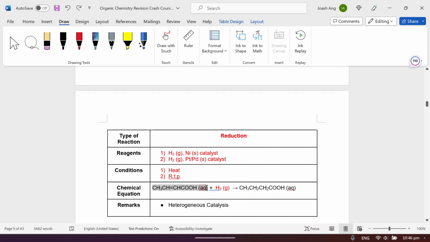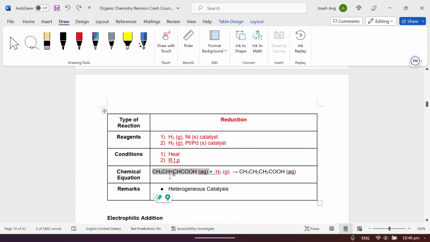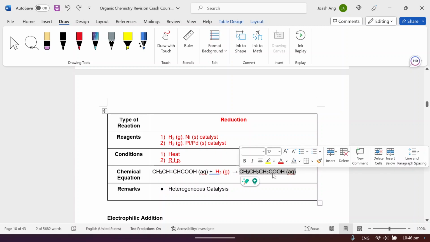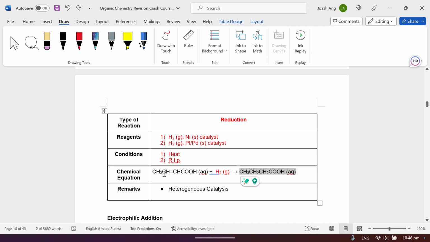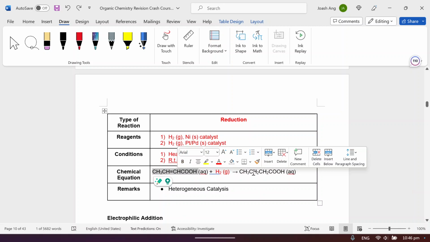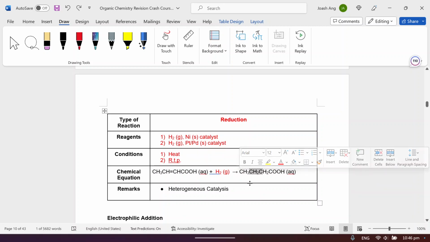As you can see, I give you the chemical equation and the reactant and I ask you guys to predict what kind of reaction is taking place right here. So you see that the C=C double bond is being converted to a single C-C bond.